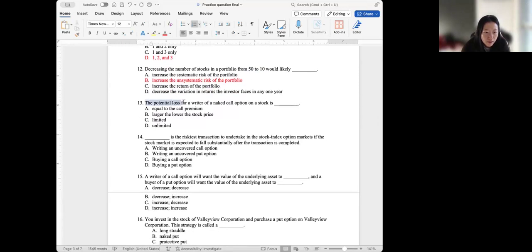Next, the potential loss for a writer of a naked call option on the stocks is unlimited. I need to pull up the slides for you in case you forget.